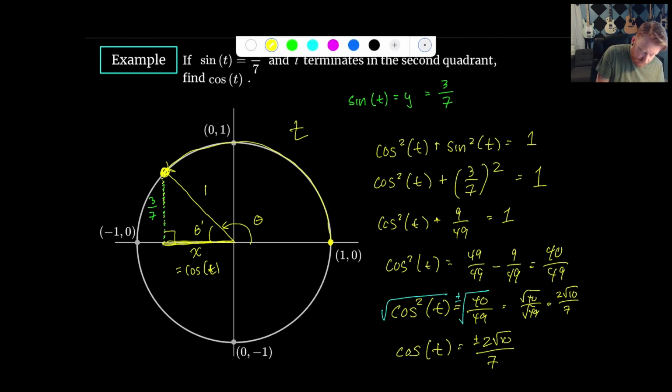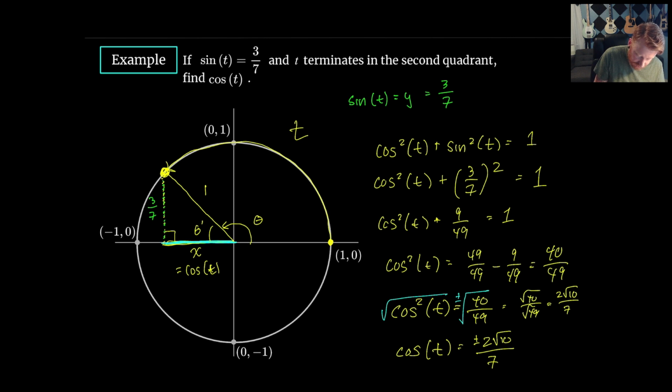Notice that because we are in the second quadrant, the cosine value needs to be negative, because everything in this direction that lives on this x axis is going to be negative, which tells us that we are going to throw out the positive case and we will just have negative 2 square root of 10 over 7. So if I want to write in what my cosine of t is, we have found it.